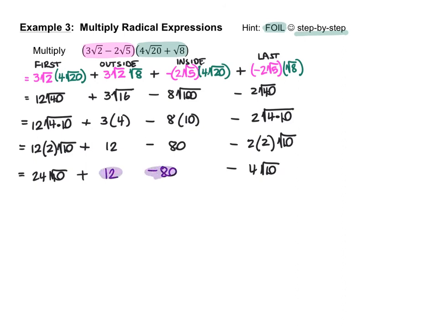We can combine those, and our other like terms have our coefficients of the square root of 10. So we can say 24 square root 10 minus 4 square root 10 gives us 20 square root 10. And 12 minus 80 gives us negative 68. And that is our final answer for example number 3.